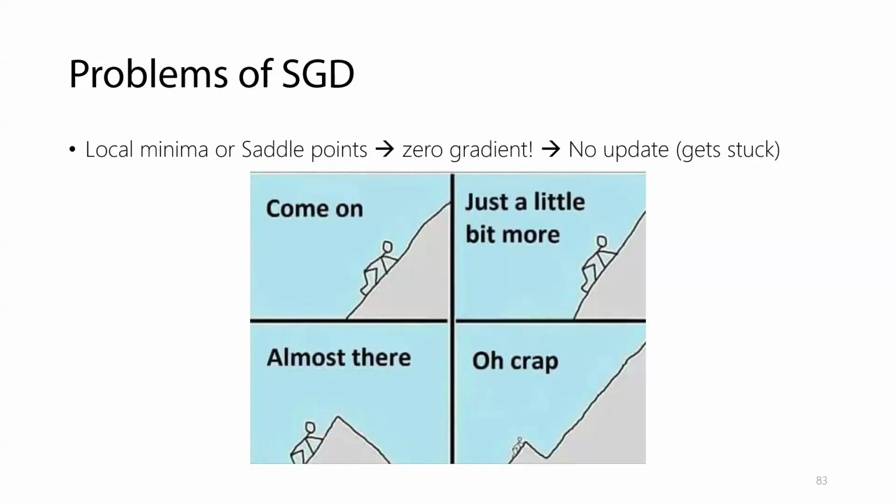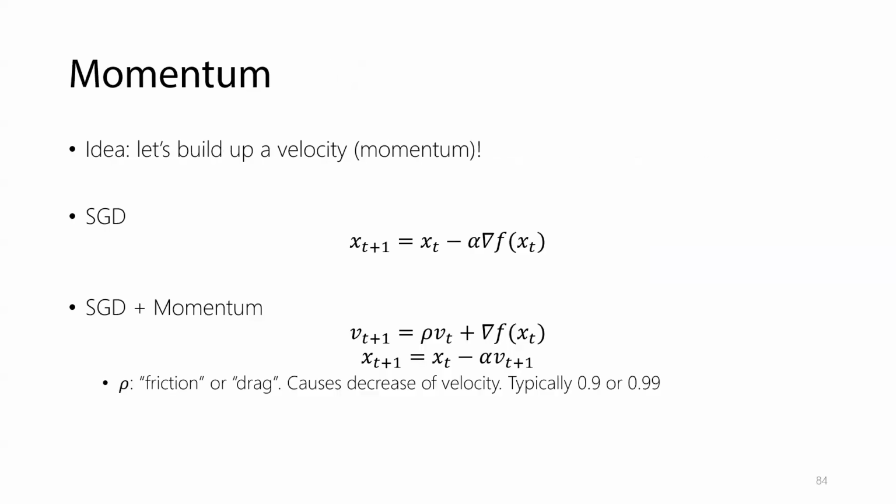You keep climbing up a little more and a little more, and then you reach the peak, which turns out to be not actually the peak that you wanted to get to. This is still a point where you have a gradient of 0. So the usual gradient descent algorithm will just stop over there, thinking that this is the global minima, and there's going to be no update, and it will give up searching for anything.